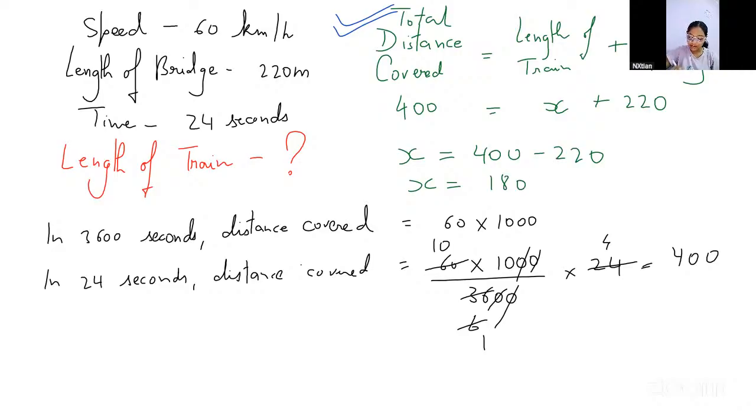Ma'am, I have a question. When we are calculating the time, we put the 3600 below. When we're calculating the distance, we put 3600 below, right? Yes. Okay, ma'am. Thank you. Whenever we are calculating distance, we put 3600, that's your seconds, below.